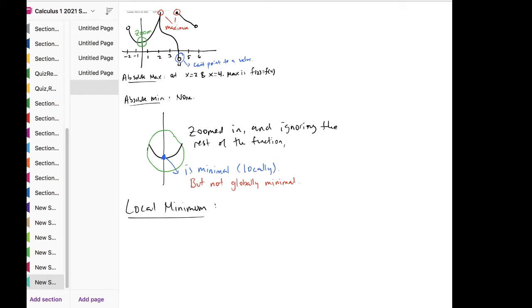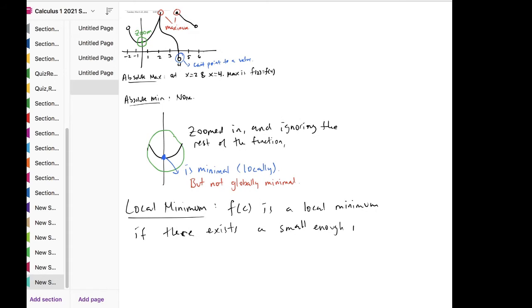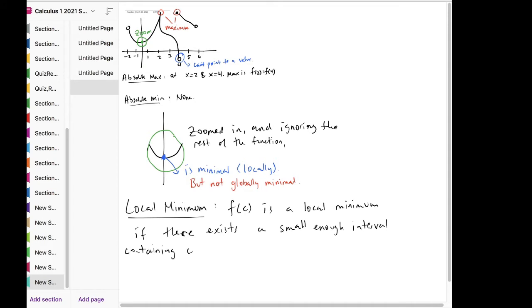So f of c is a local minimum if there exists a small enough interval containing c and for all smaller intervals.